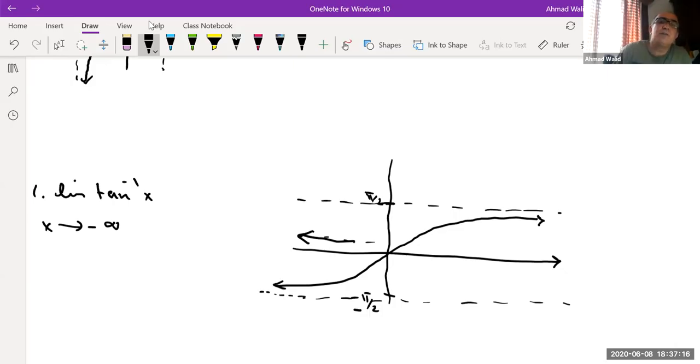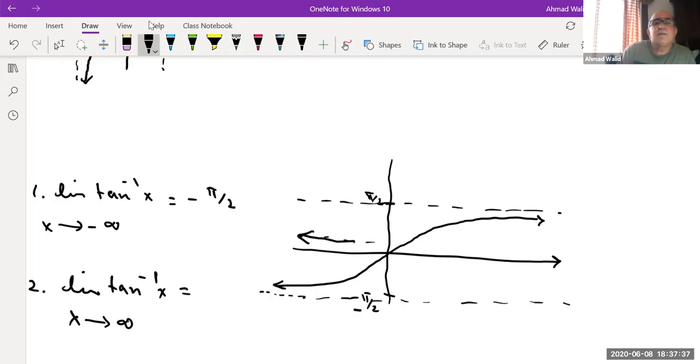Negative pi over 2. Then the limit of inverse tan x as x approaches negative infinity gives you negative pi over 2. Number 2, the limit of inverse tan x as x approaches positive infinity. When you go to positive infinity, definitely your graph goes to where? To pi over 2.